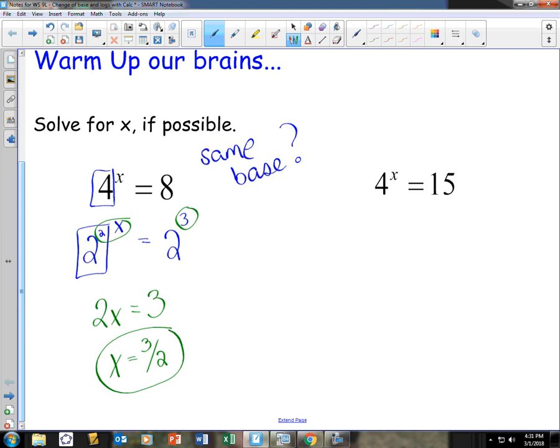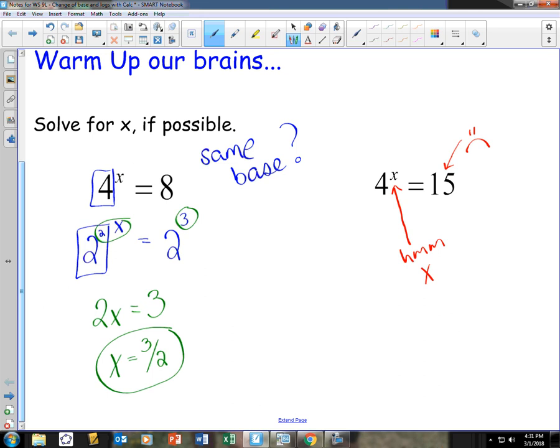Now, this next problem is a little bit different, because I don't know how to rewrite a 15 as 2 to the something or as 4 to the something. While I can estimate what x is, let's see here: if x was equal to 2, I would get a 16.